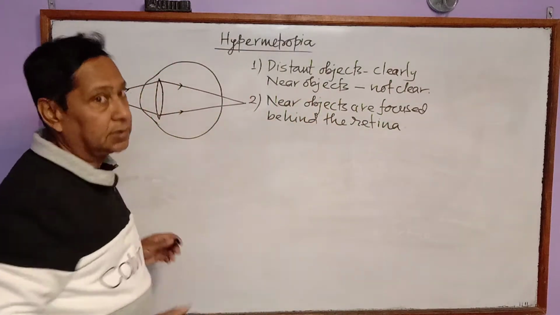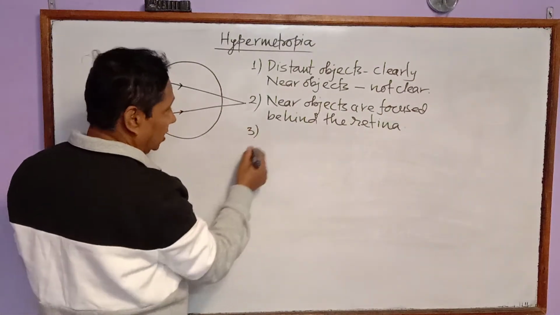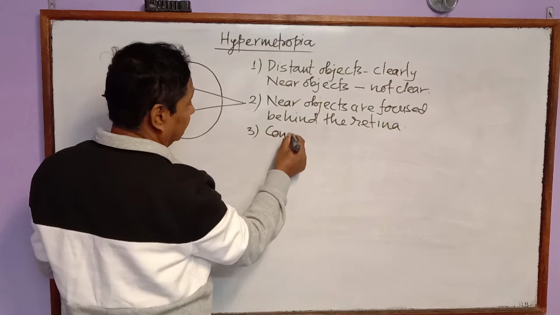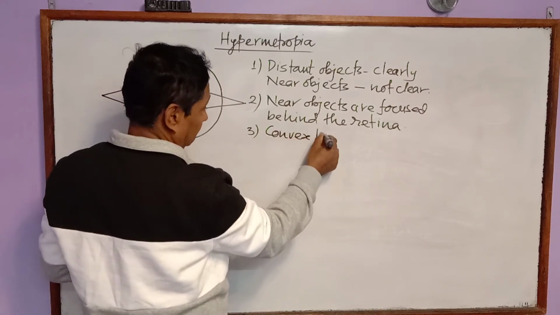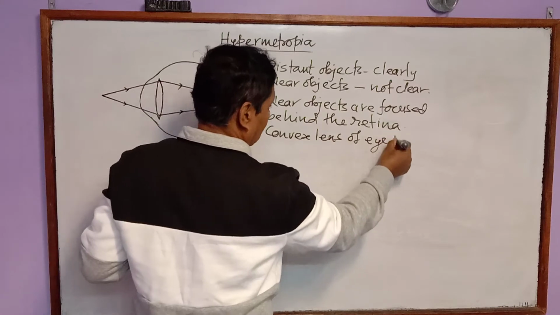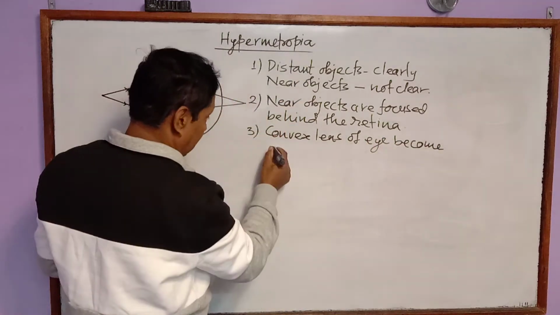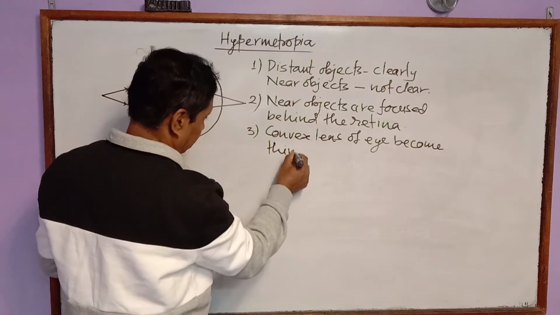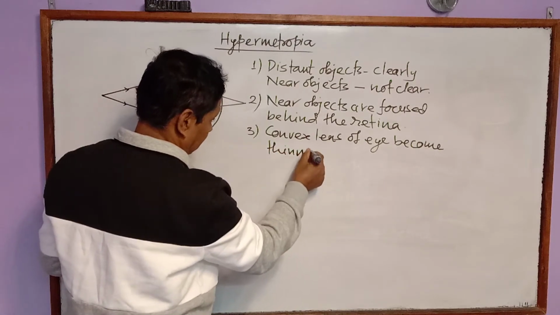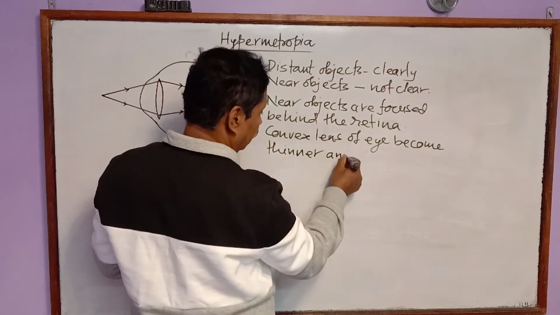Why are near objects focused behind the retina? Because in this defect, the convex lens of the eye becomes thinner and the focal length becomes short.